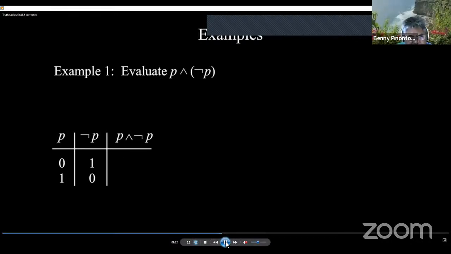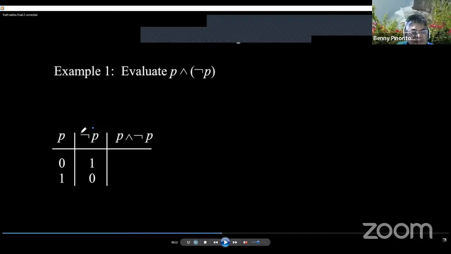Then the next one, this one is for this, that is for that, and this is for the whole sentence.